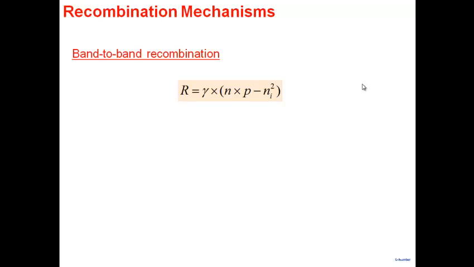All right. Let's look at recombination then. We've looked at two major processes: optical absorption leading to generation, and impact ionization. Recombination is the opposite process, an electron falling into a hole and recombining. One of them is what we call band-to-band recombination, which means the electron directly falls into a hole without going through any intermediate state and recombines.